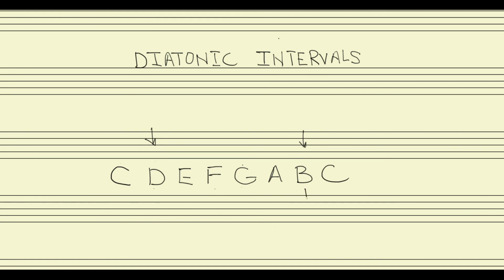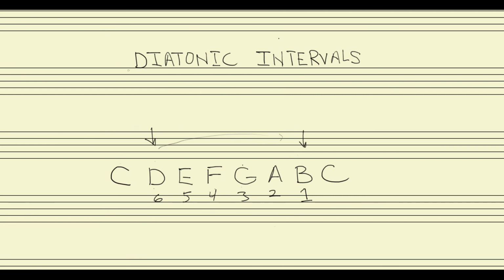So B is my first note, so I'm going to count 1 on B, 2 on A, 3 on G, 4 on F, 5 on E, and 6 on D. So the interval from B to D is a sixth. And by the way, this would work whether I'm counting from B down to D, or from D up to B. It doesn't matter which direction I count in, I will end up with the same answer.